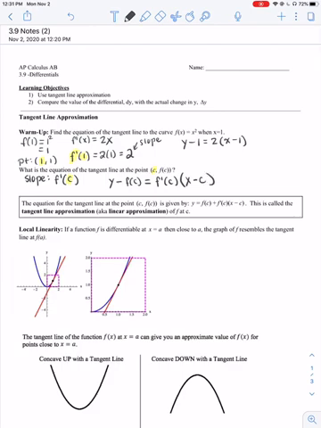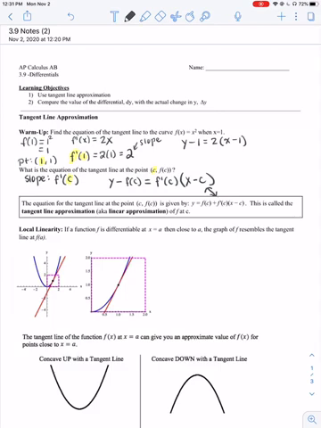So this is a general form of the equation of the tangent line. And so you'll see in the box you have a kind of a formula. So the equation for the tangent line at the point c, f of c is given by y equals blah, blah, blah. And so all we've done here is we have isolated the y. So these two equations are equivalent.